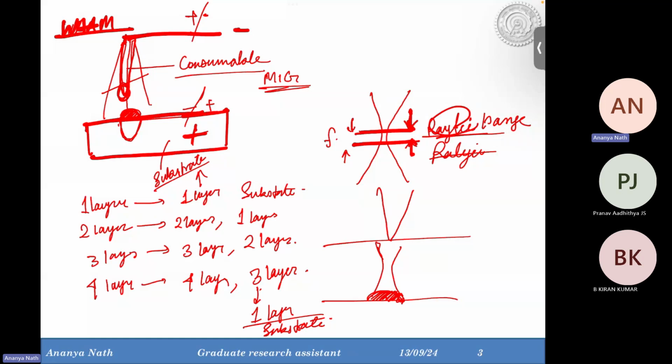So that's why we don't use this welding condition where you make the electrode negative in case of the arc MIG WAM process. You will see that you will be using electrode negative in another type of welding, but not in MIG WAM.